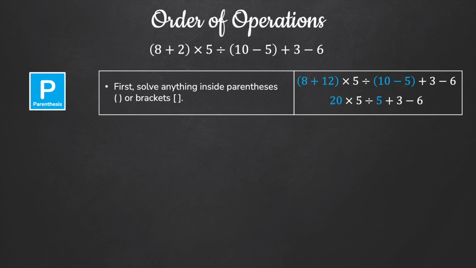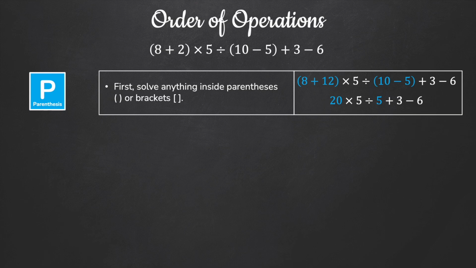Then, in our second pair of parentheses, we have 10 minus 5, and 10 minus 5 is 5, so we're going to substitute that for 5. And because those were our only 2 sets of parentheses, we're not going to do anything else yet. So now our new expression is 20 times 5 divided by 5 plus 3 minus 6.